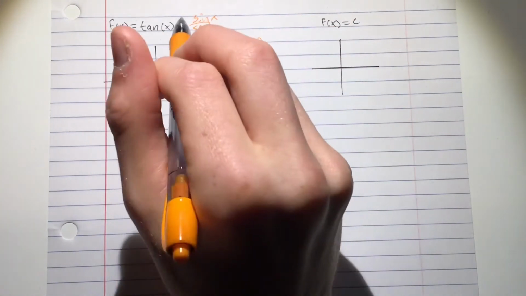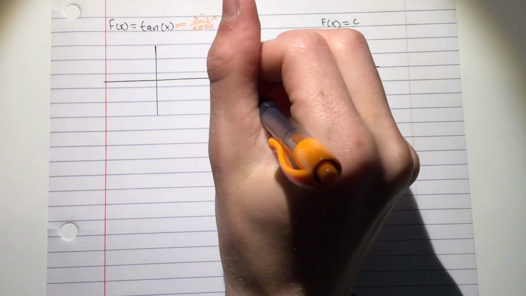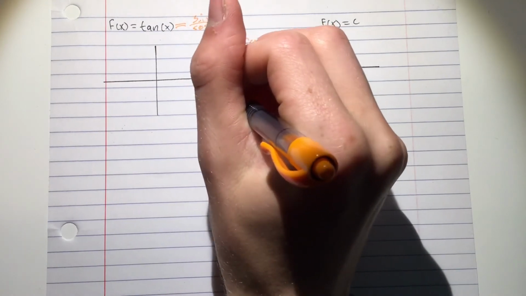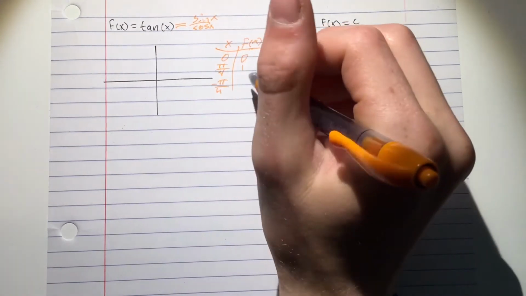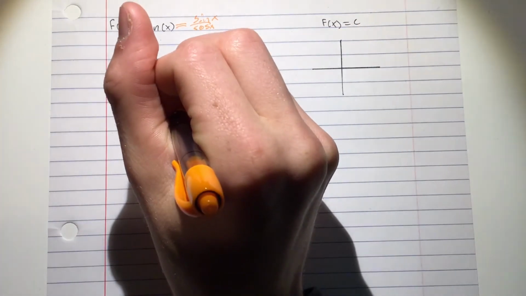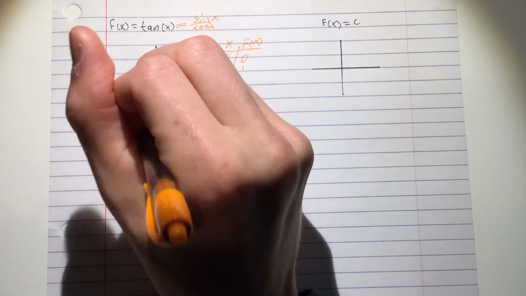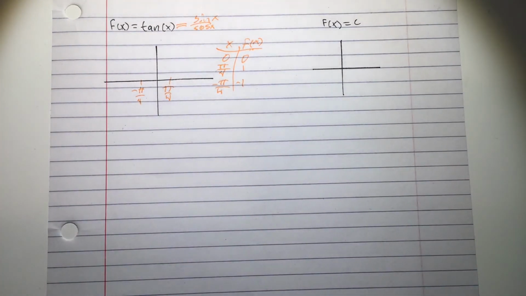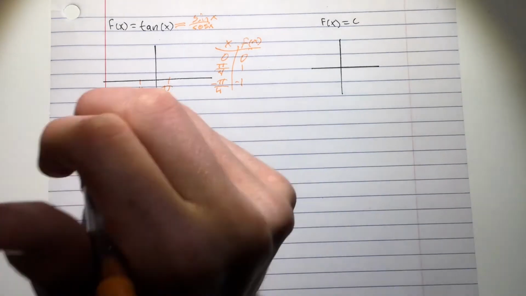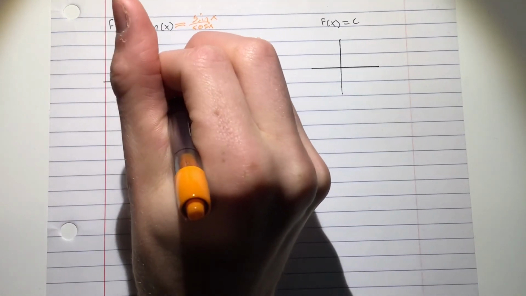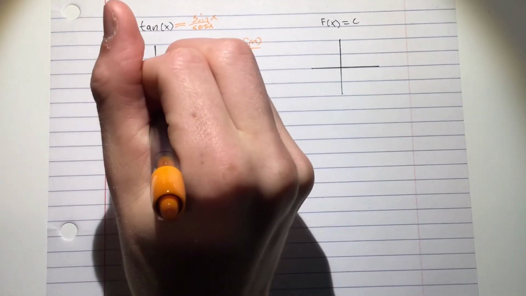And then if we plug in negative pi fourths, we get negative 1. So if we plot those, here's pi fourths, here's negative pi fourths. So we have (0, 0), (pi fourths, 1), (negative pi fourths, negative 1).